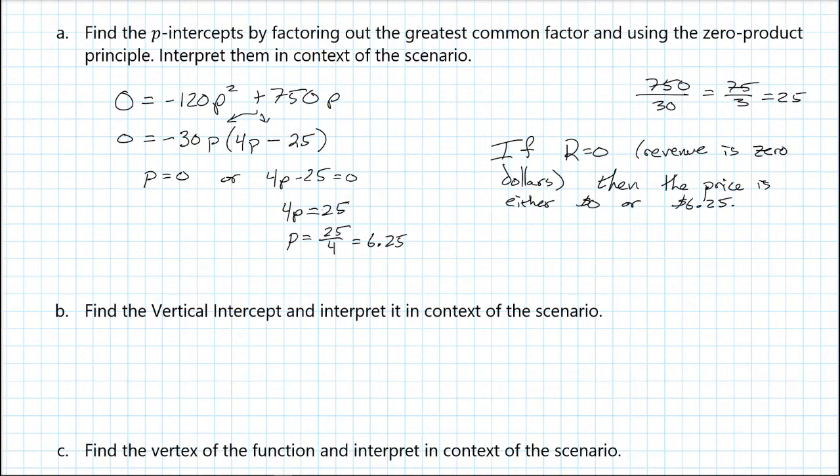You'd say this the other way might make a little more sense, but I'm just saying it that way because that's kind of how we solved it. We set the revenue to 0 first. So if the price of a cup of coffee is $0 or $6.25, then no revenue will be made.